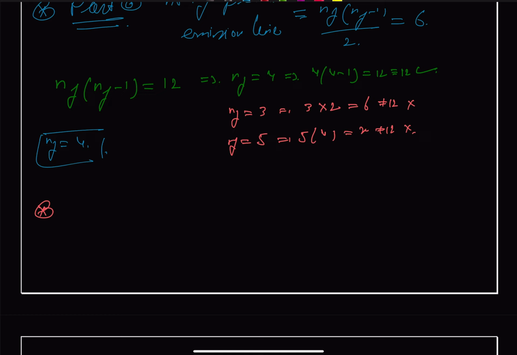So we can say initially only levels A and B are occupied.